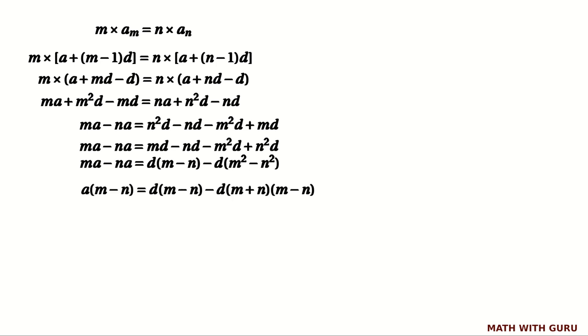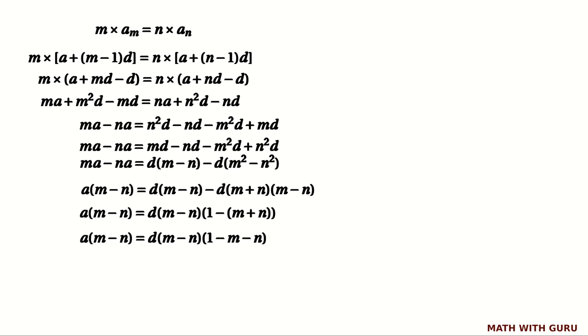Ma minus na equals d into m minus n minus d into m squared minus n squared. A into m minus n equals d into m minus n minus d into m squared minus n squared. a squared minus b squared is a plus b into a minus b, so m squared minus n squared is m plus n into m minus n. A into m minus n equals d into m minus n, which is a common factor there. Bring it out. D into m minus n into 1 minus of m plus n.